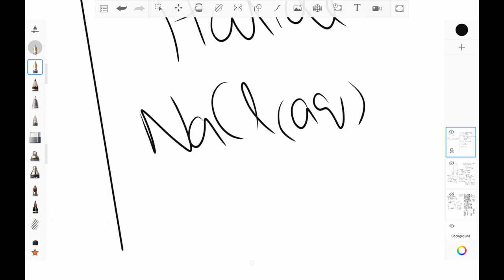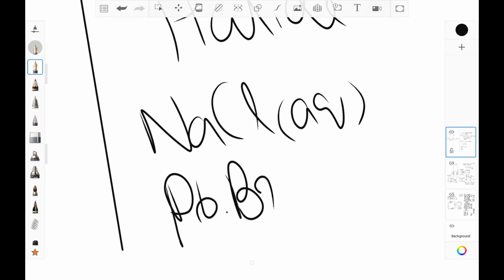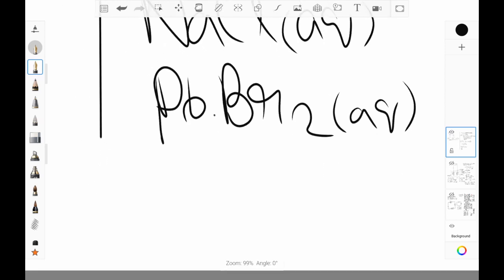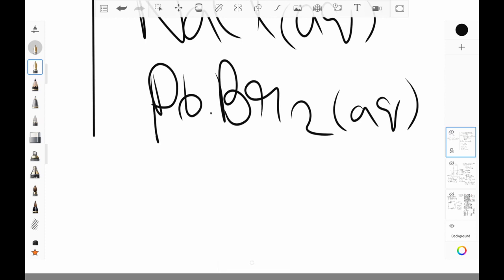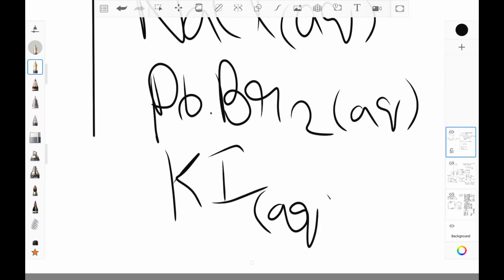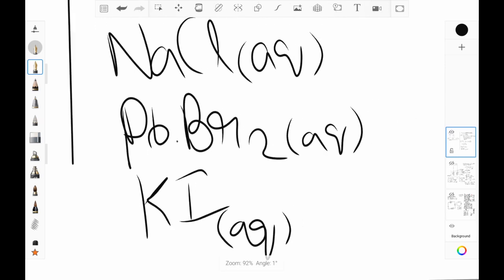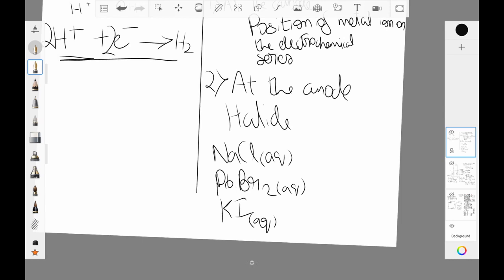Another example of a halide was our previous example, lead bromide, that was PbBr2. This is also a halide. Another example that I can think of is potassium iodide, aqueous. So this is also a halide.